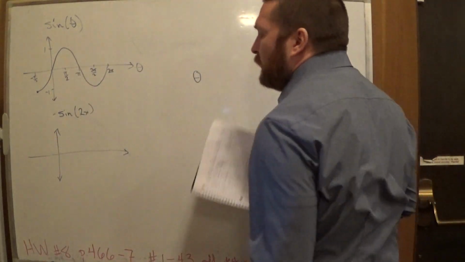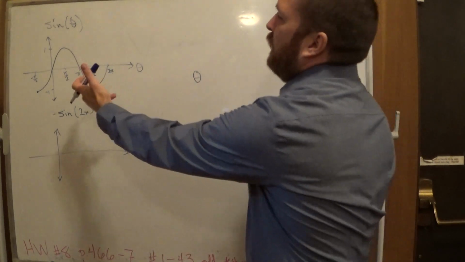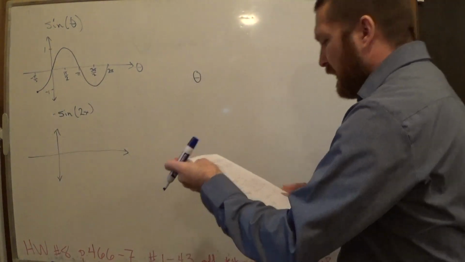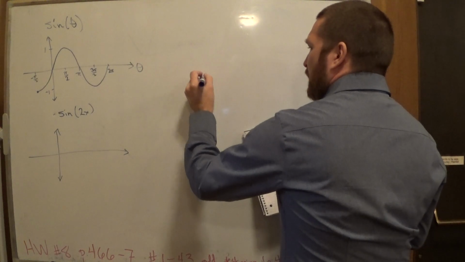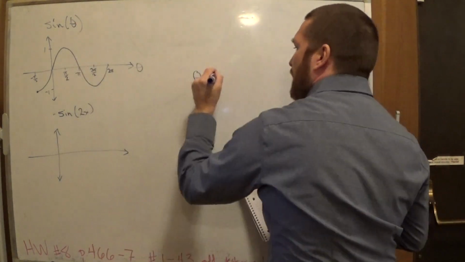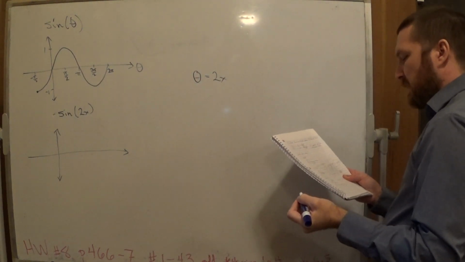You should be able to, just in your head, if you say, what's sine of pi over 2, you have this in your head and you go, well, this is where it comes up, and so the output is 1, etc., etc. And so now, what I want to do is this. I'm going to say, let's just substitute here. For right now, let's pretend that this theta is the same thing as 2x. Now check out what happens.